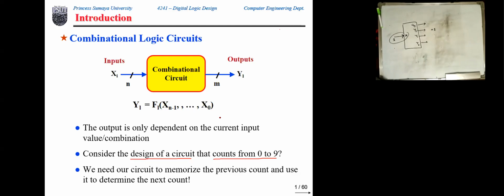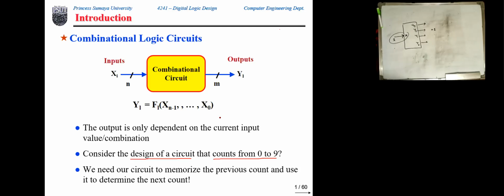So I need to know that I have reached count 3, for example, so that whenever X becomes 1, I can increment Y. But in order to increment Y, I need to know the current value of Y, which is 3. So when I see that X is 1, I increment 3 to become 4.